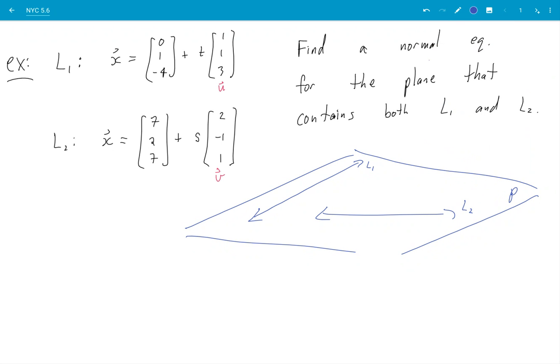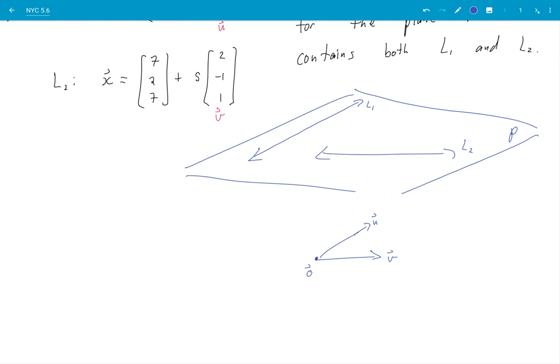And I will notice that if I have the origin, say down here, then one can imagine v going off like that, parallel to L2. And you can imagine u going off like that, parallel to L1.